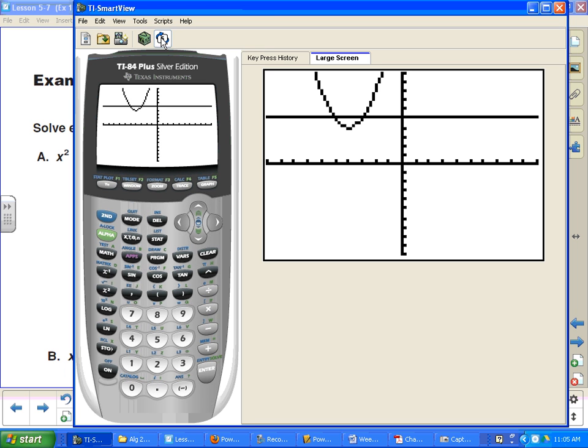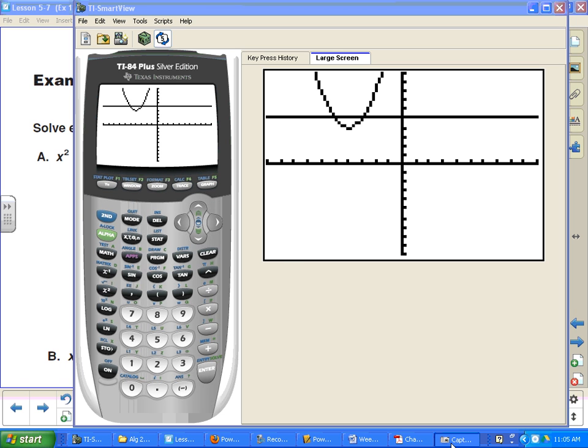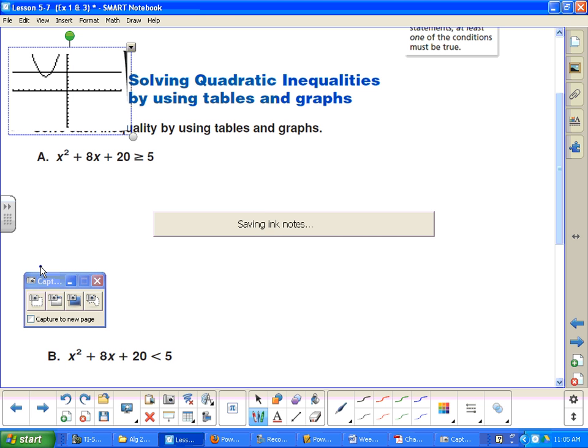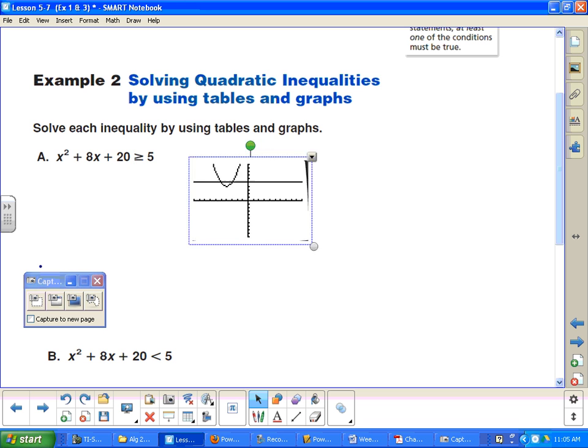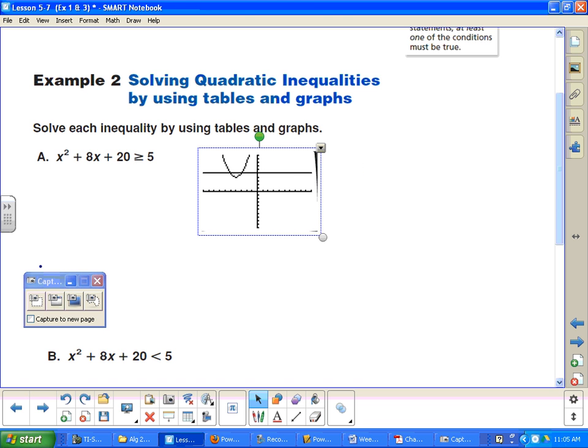Now in this situation then, they want us to tell when x squared plus 8x plus 20 is greater than or equal to 5.